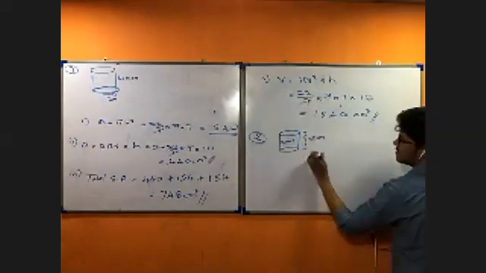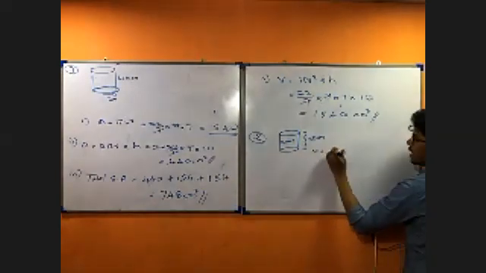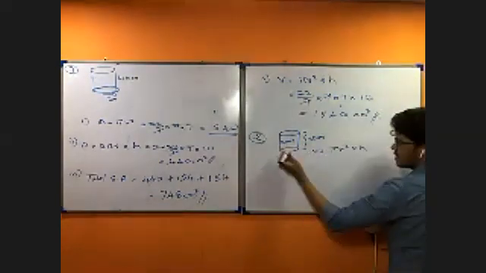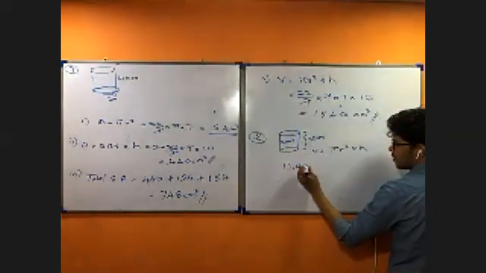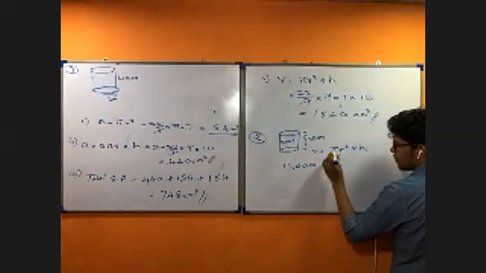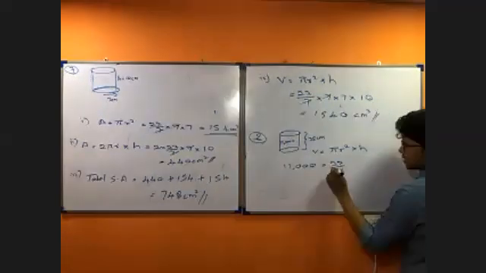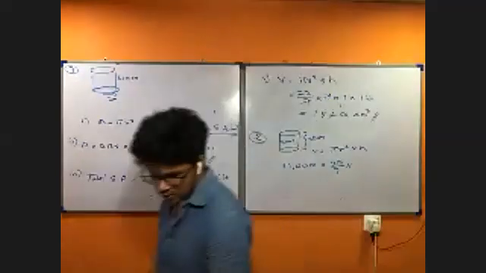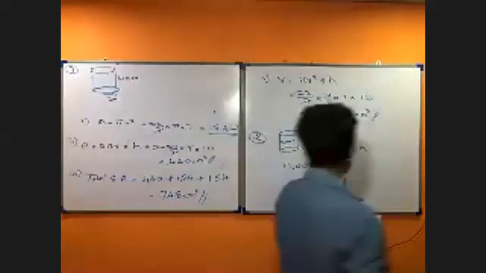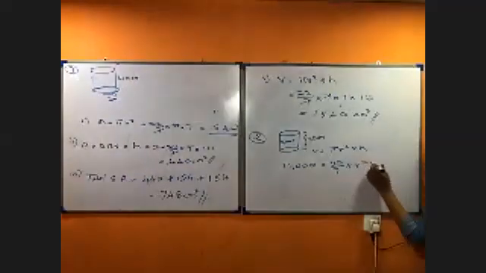V is equal to pi r squared multiplied by h, and V is in cubic centimeters. Pi is 22/7, and the radius we don't know, right? So they're asking to find the radius of the tank. So it is going to be r squared multiplied by h. H is going to be 35.